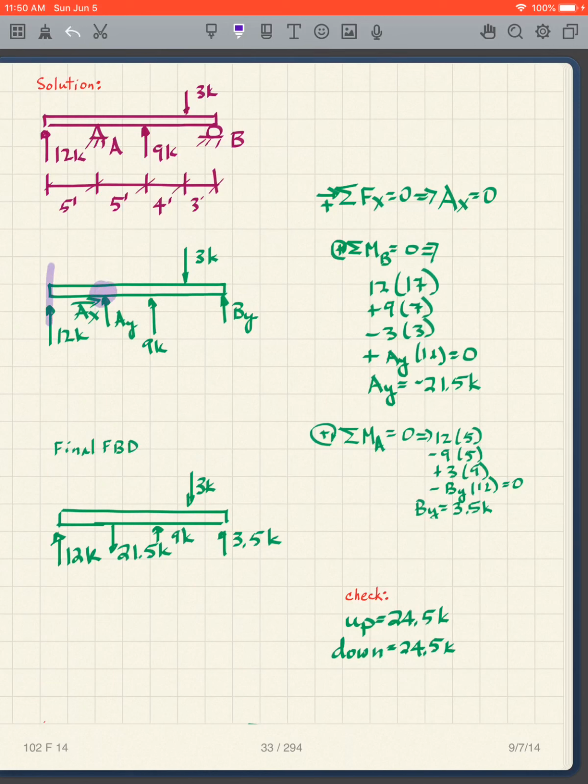Moments about A, 12 times 5, 9 times 5, 3 times 9, BY times 12, and then clockwise positive, counterclockwise negative, clockwise positive, counterclockwise negative.